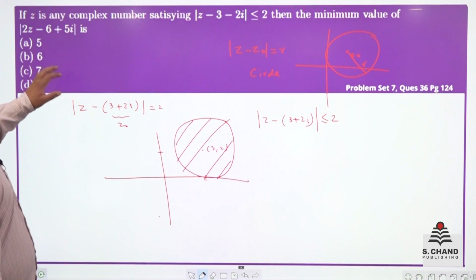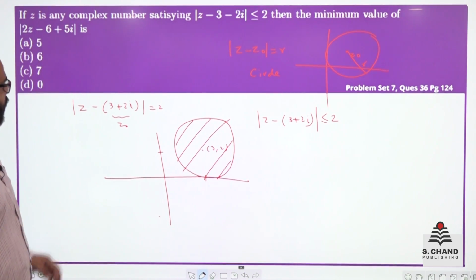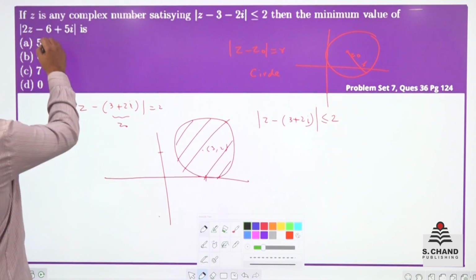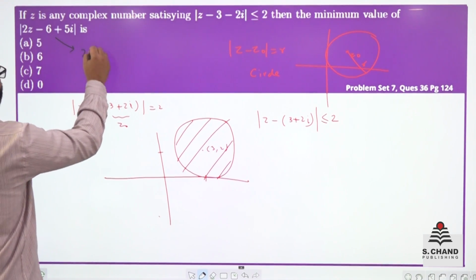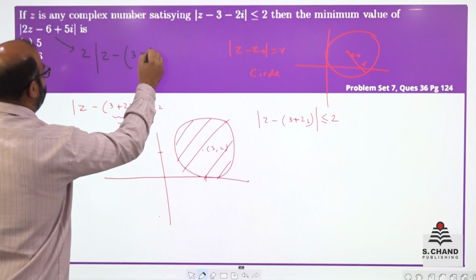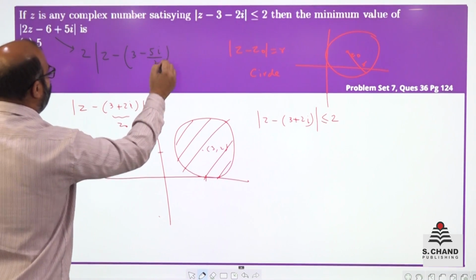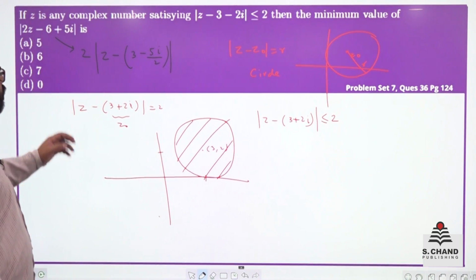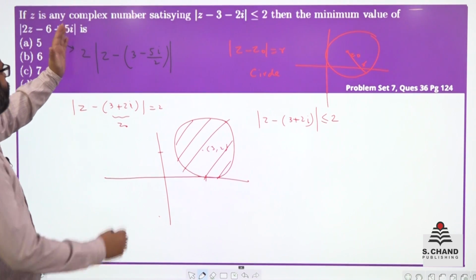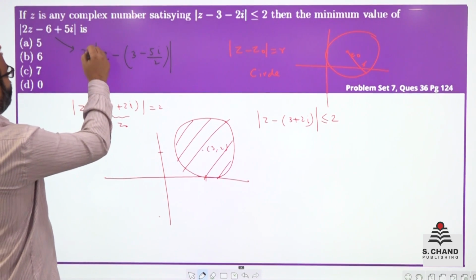Now the minimum value of mod of 2z minus 6 plus 5i, so you can write this as 2 common, mod of z minus 3 minus 5i by 2, like this. Why have we done this? Because we have to find the minimum value of this term where the z coefficient is 2.